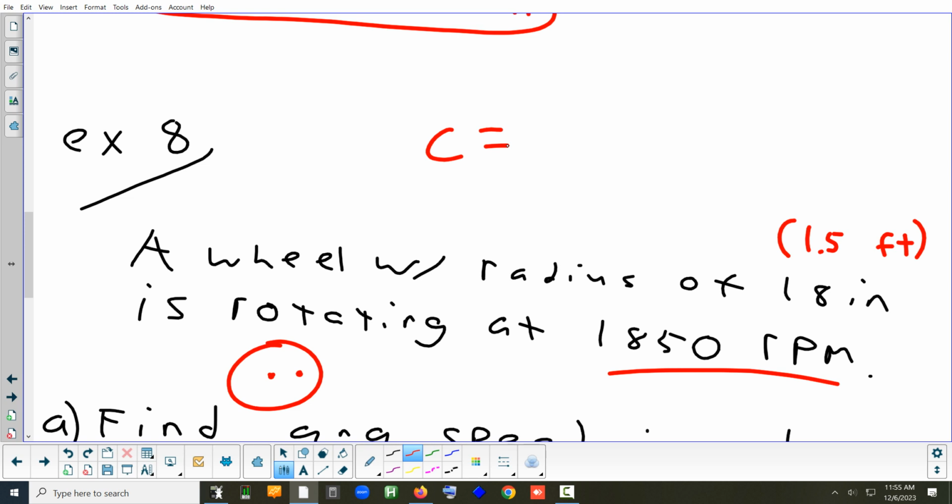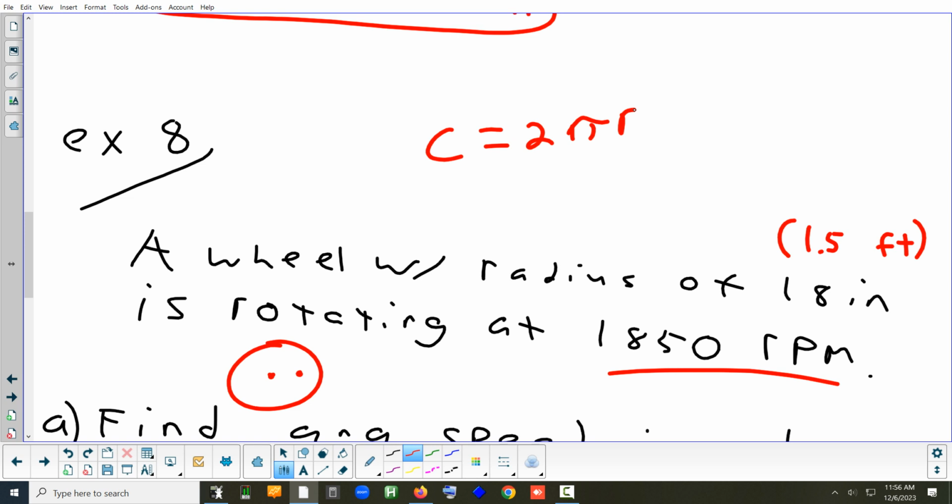It's like 2 times the radius? No, circumference isn't just double the radius. You're kind of close though. Yeah, 2 pi r. So circumference equals 2 pi r.